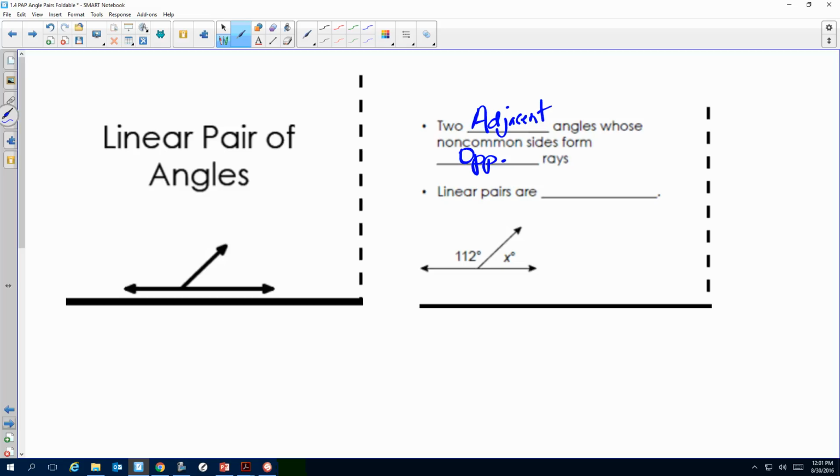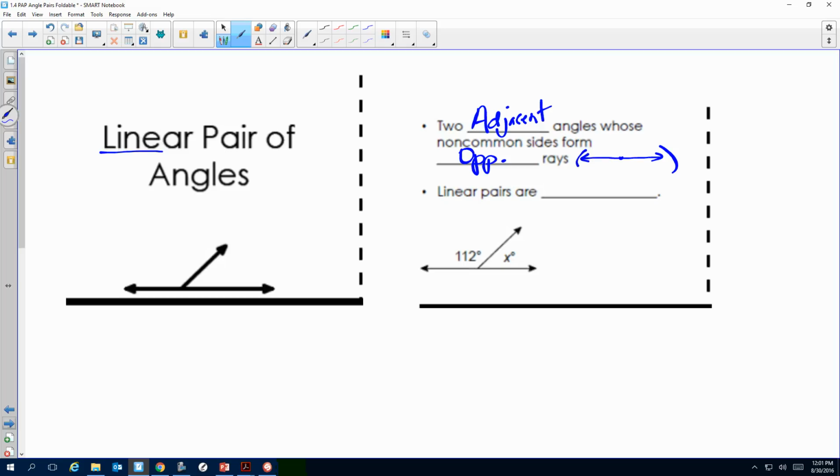Basically, if it's an opposite ray, it has to form a straight line. They form a line when it's a linear pair, and in linear, you see the word line. So the minute I see a line and I have a common vertex, I'm basically creating linear pairs.